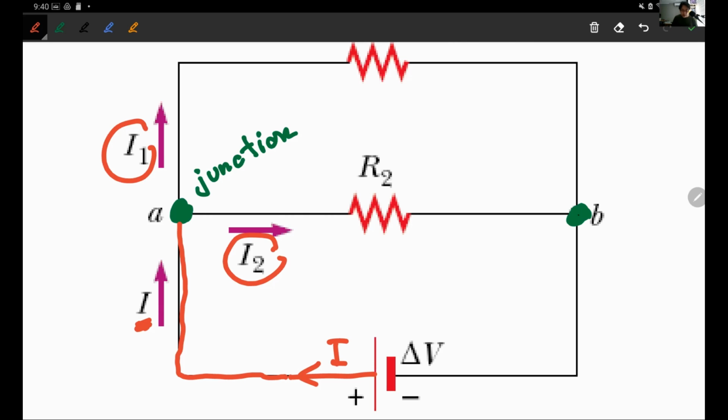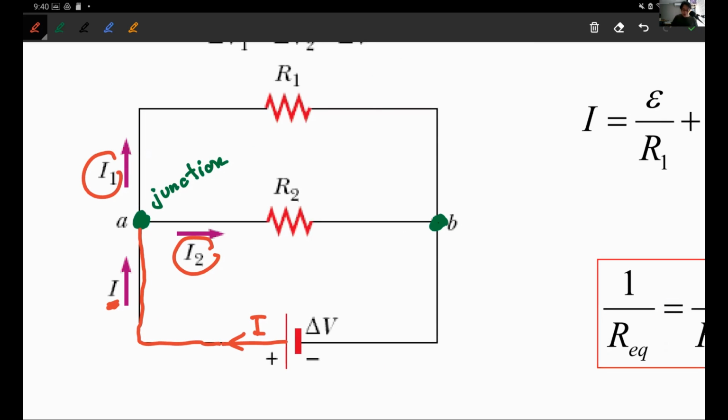Of course, no matter what happens, the I sub 1 that goes left will go through the upper R. The I sub 2 that goes right will go through R sub 2. At the end, they will have to combine back again.